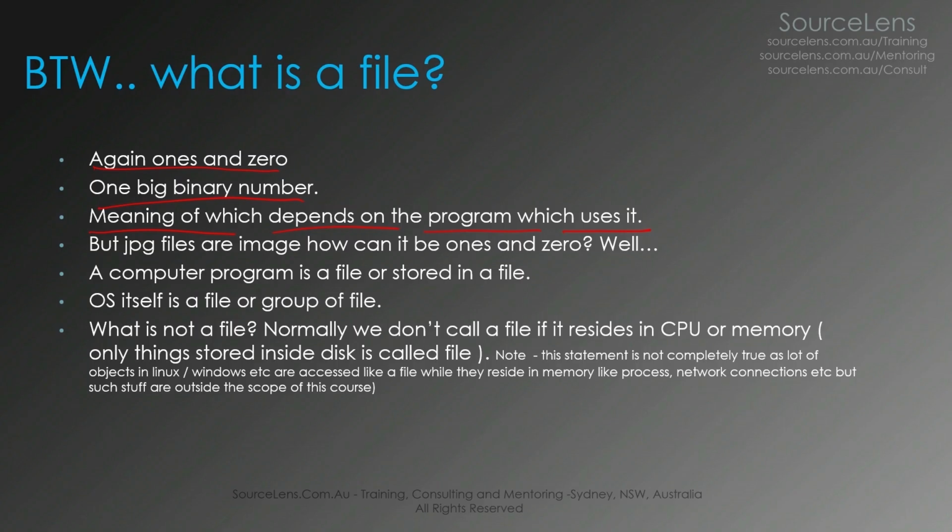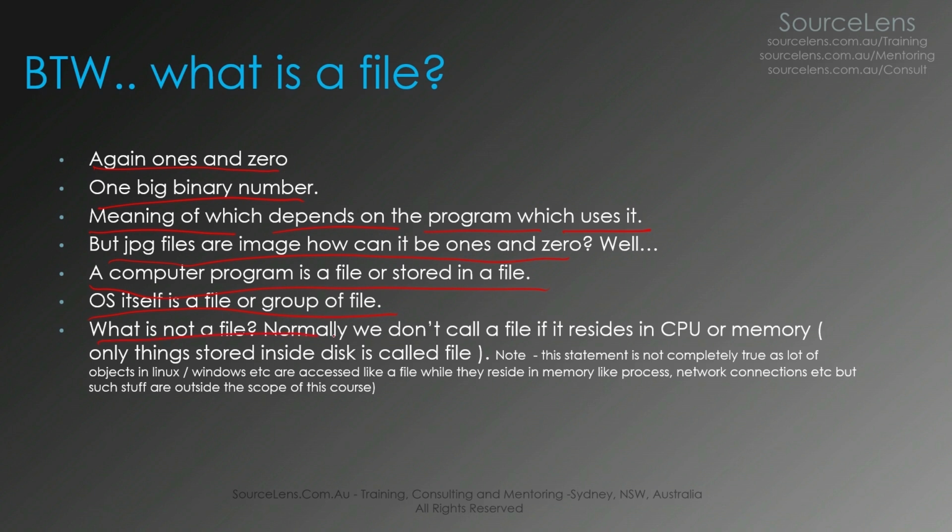For example, JPEG is an image file, but you need a program which understands that image file to open it and display that image. So again, it's ones and zeros. A computer program itself is a file stored on the disk. Everything is a file. The operating system itself is a group of files. We will see some of the files of the Windows operating system. That itself is a file.